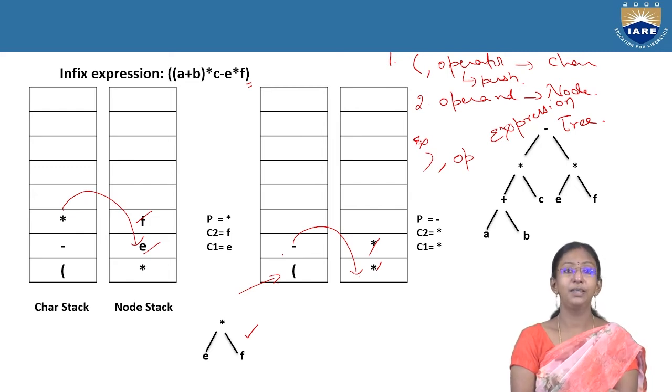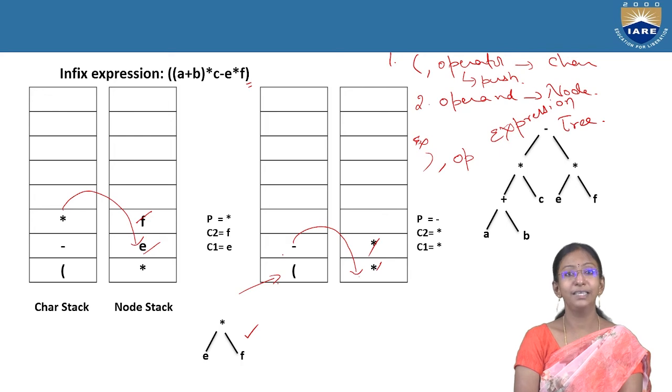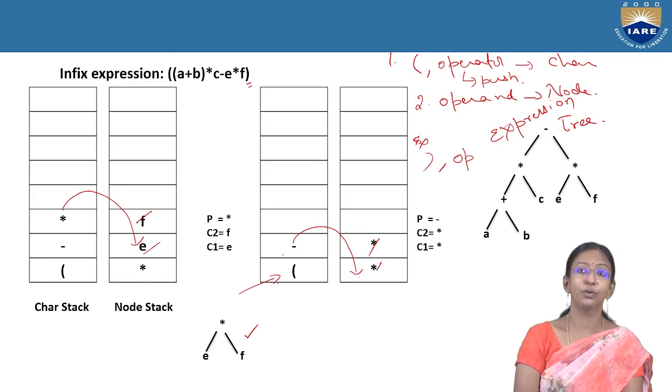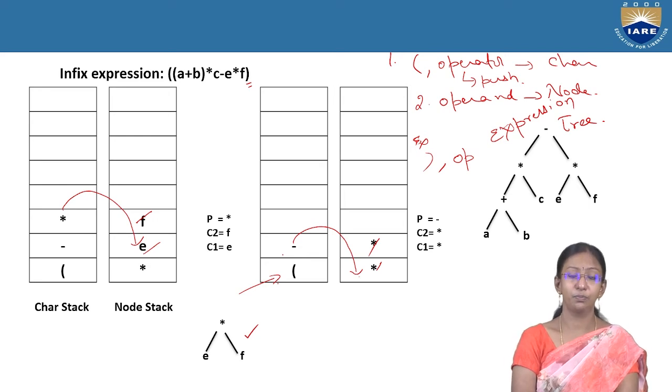You are going to build a sub-binary expression for the same by popping the top two elements from the node stack and the top element from the character stack. This is how we are going to construct an expression tree from a given infix expression using two stacks, right?